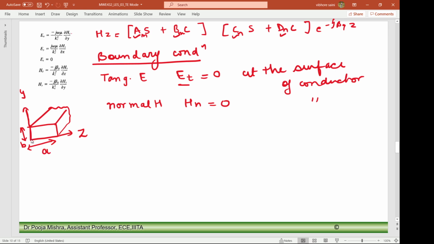What are the surfaces we have? This surface is the x is equal to 0 surface. This particular surface is the x is equal to a surface. And this is the y is equal to b surface.